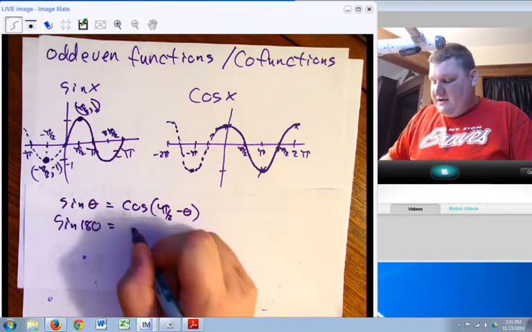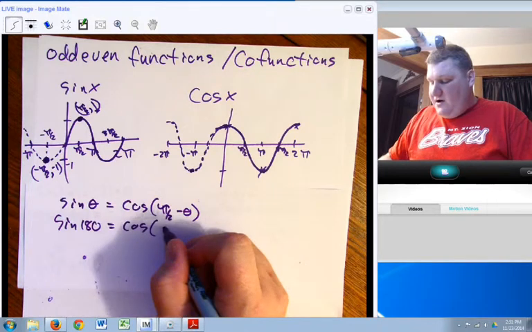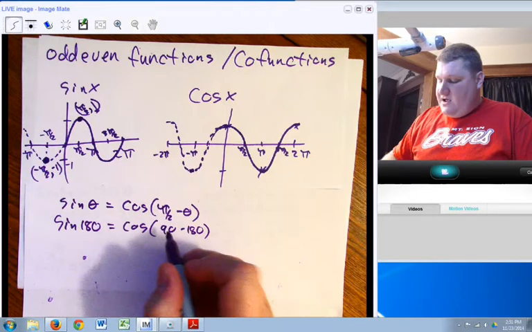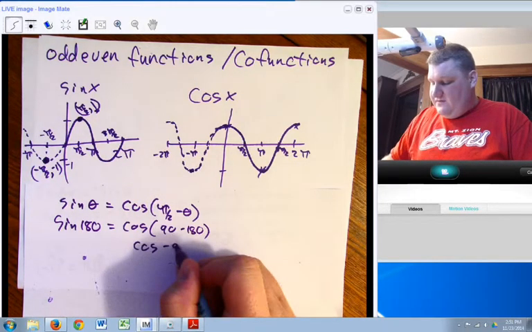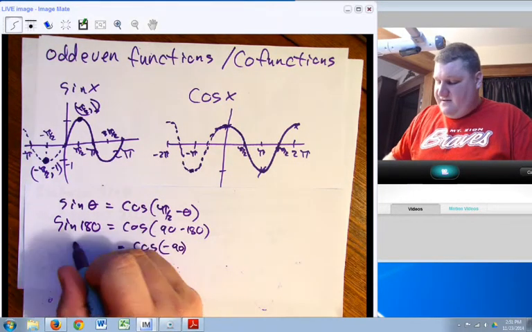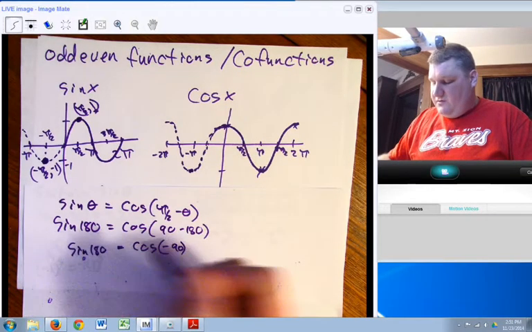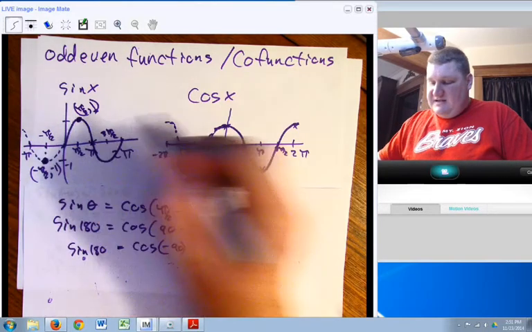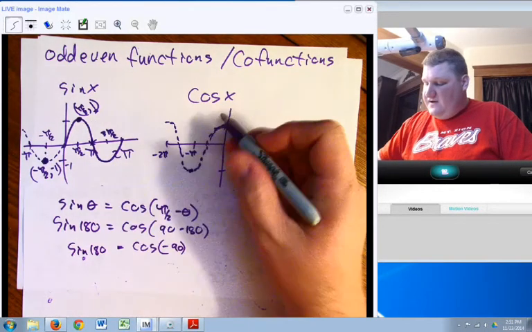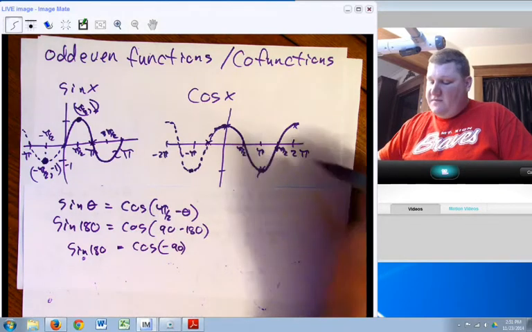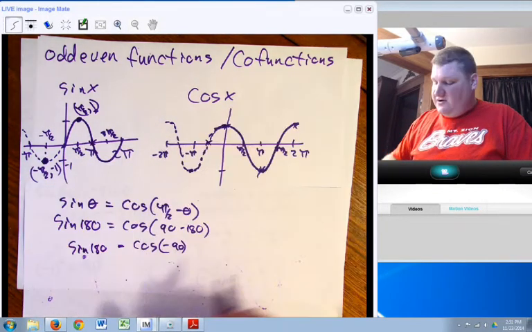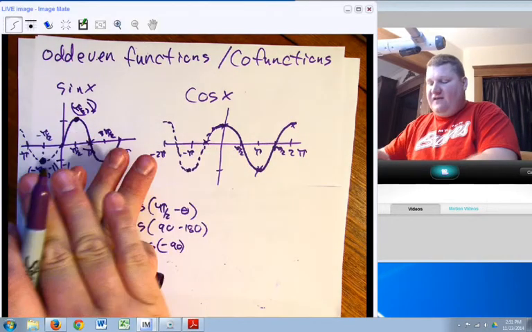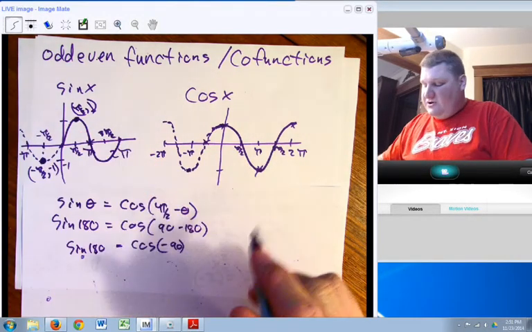Well, that would mean it's cosine of 90 minus 180, which means I would end up with cosine of negative 90. Well, let's see if sine of 180 equals cosine of negative 90. Sine of 180 is 0. Cosine of negative 90, also 0. So they do match. They are two different spots on the graph, but that's because sine and cosine are the same graph just offset from one another. And so that's where you get this property.